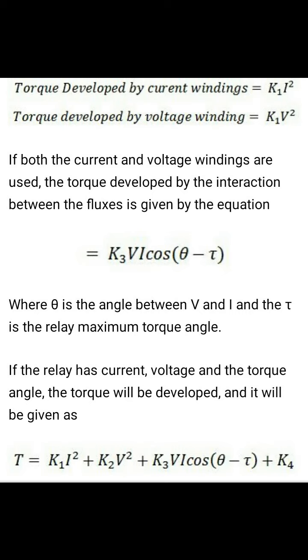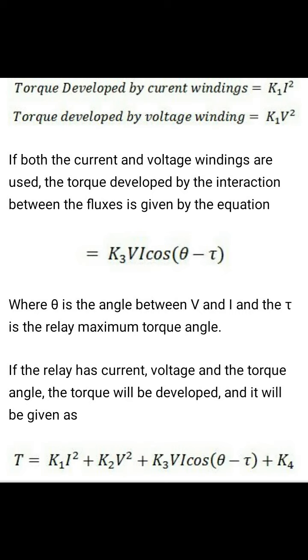The torque developed by the current winding is K1 I square. The torque developed by the voltage winding is K2 V square. If both the current and voltage windings are used, the torque developed by the interaction between the fluxes is given by the equation K3 VI cos(theta minus tau), where theta is the angle between V and I. V refers to voltage, I refers to current, and T refers to torque.